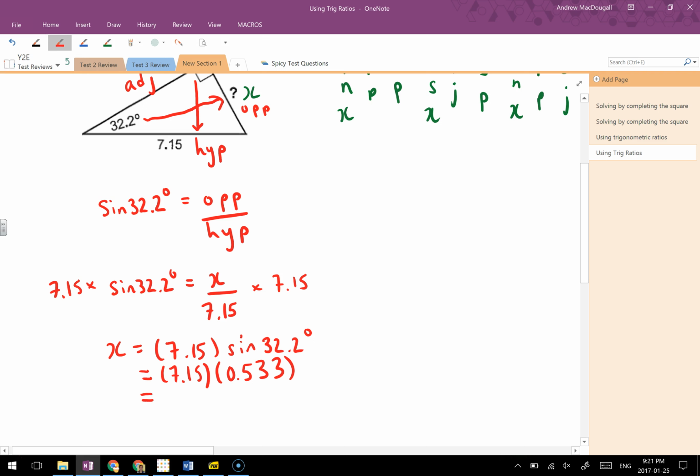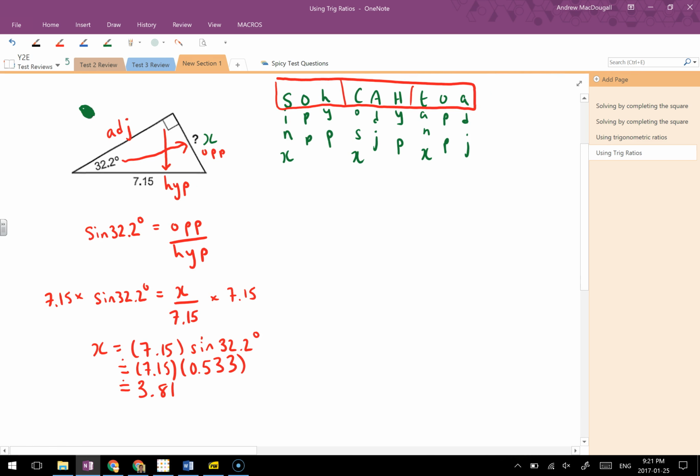Now I multiply that by 7.15, and I would get 3.81 to 3 significant digits. So because we knew that the ratio of x to 7.15 had to be 0.533, because our calculator has that information stored, we can set up a ratio and solve for x.